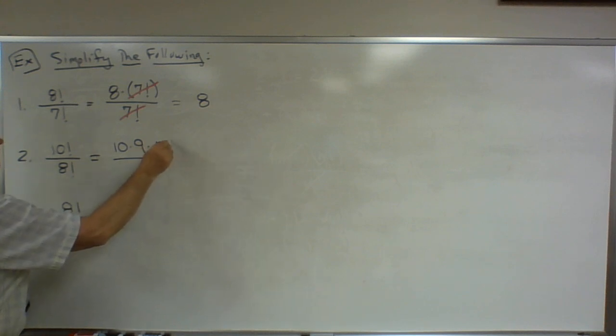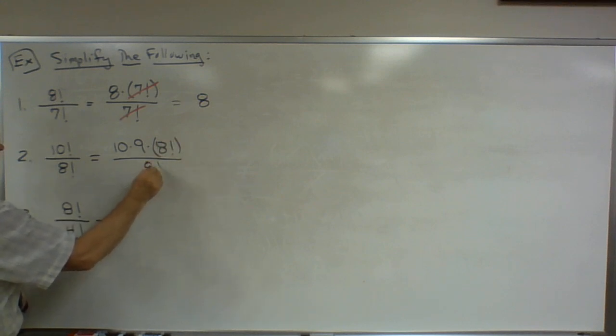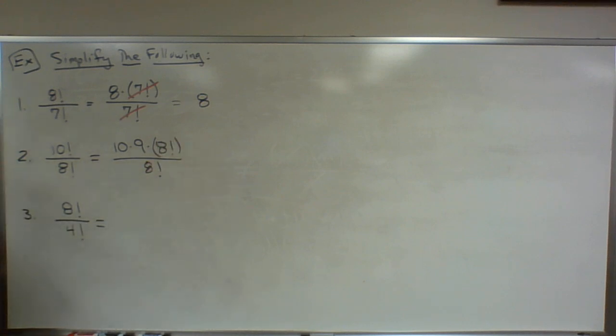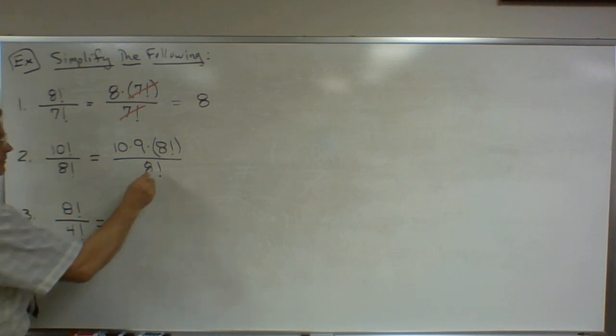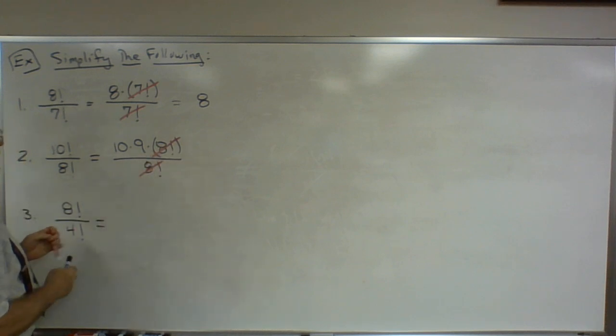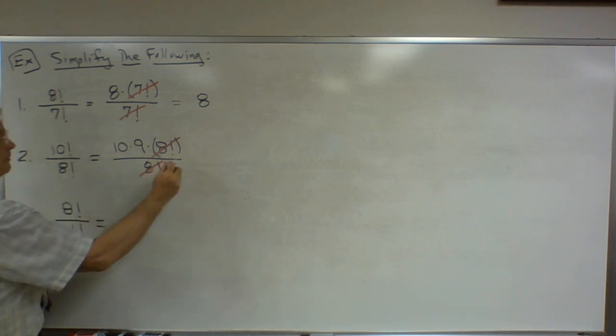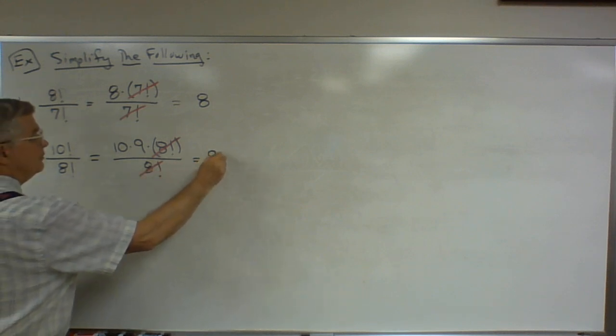So that's 10 times 9 times 8 factorial. And we can cancel the 8 factorials in top and bottom. And we get correctly that 10 factorial over 8 factorial is 90.